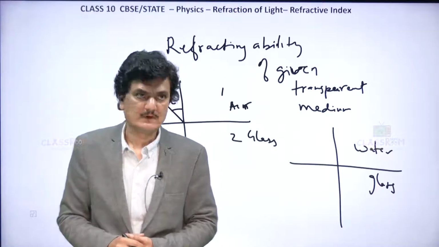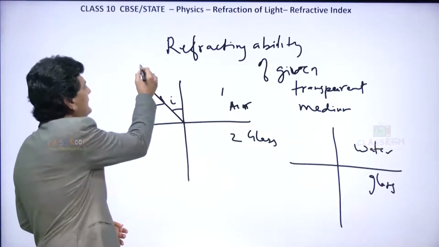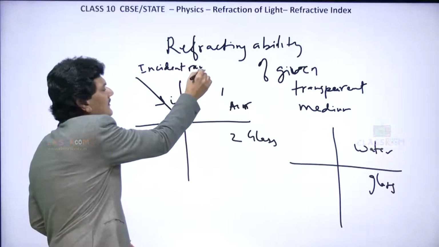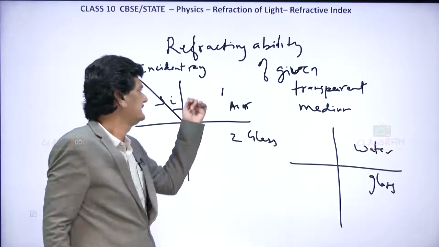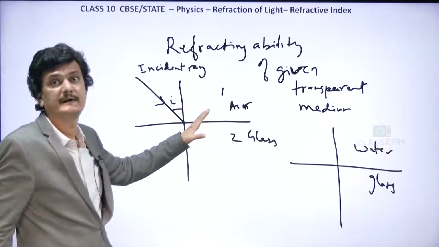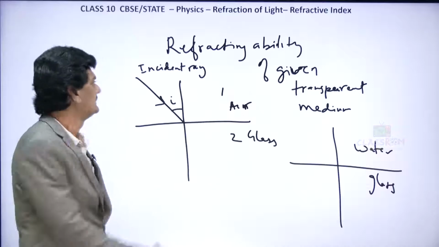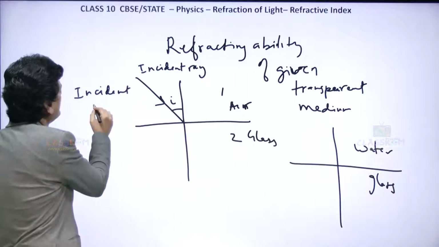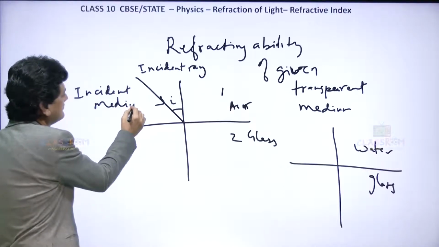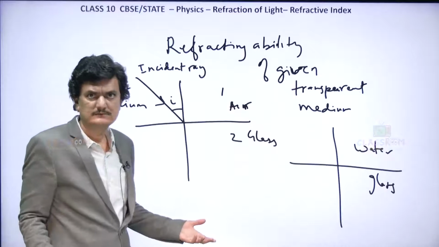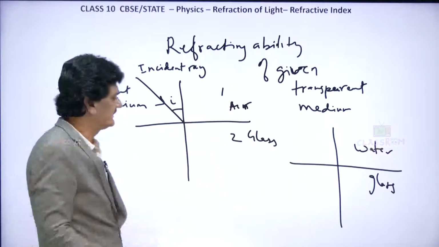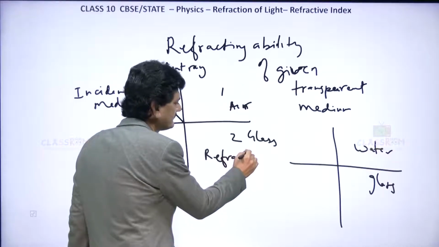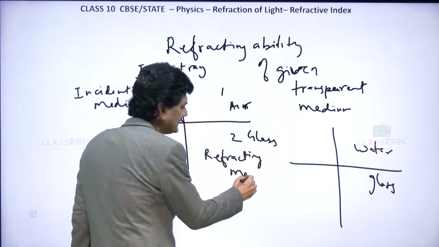So, always first of all this is the incident ray, therefore, this is the incident medium or first medium. And then logically refraction is taking place in the second medium. So, this is called the refracting medium or second medium.